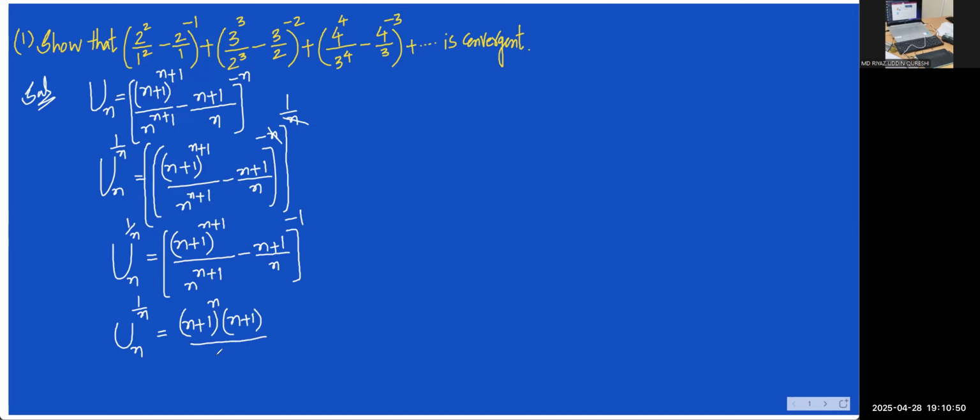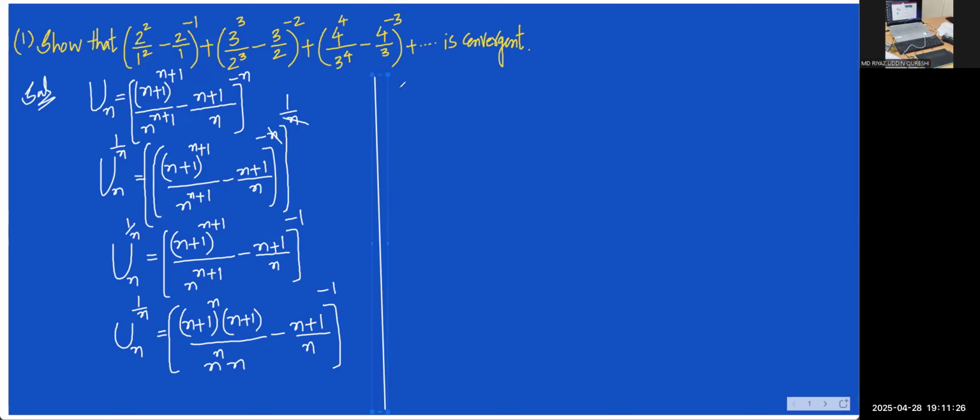Divided by, this can also be written as n power n into n power 1 minus n plus 1 divided by n whole to the power of minus n. Look at, from these two, can we take n plus 1 by n common? We can take it outside now. Yes, sir. So let us take it. If you want to mention, you can mention and take it. Otherwise, directly also you can take. So I am taking n plus 1 divided by n common.